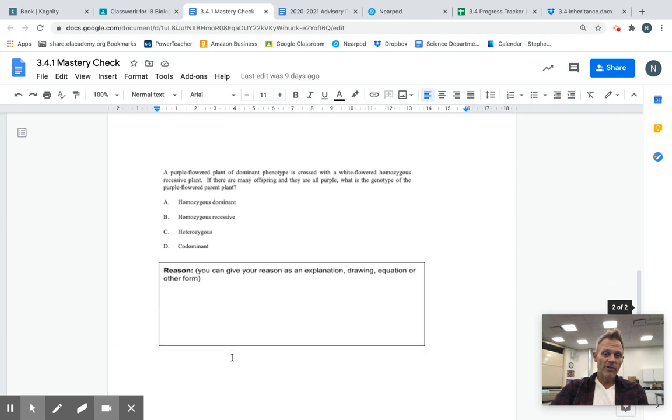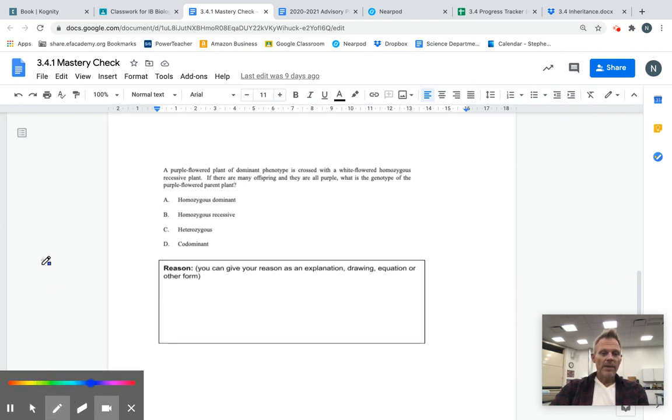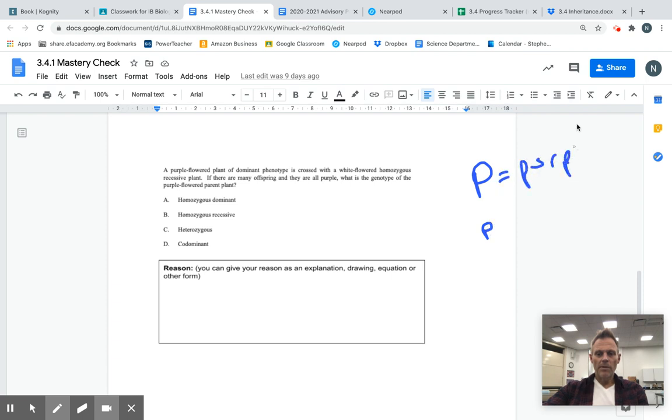Who loves mastery checks? The last mastery check: a purple flowered plant of a dominant phenotype is crossed with a white flowered homozygous recessive. So we know that purple is dominant, and the allele for white would be the recessive one. So let's write that down: big P equals purple, little p equals white.